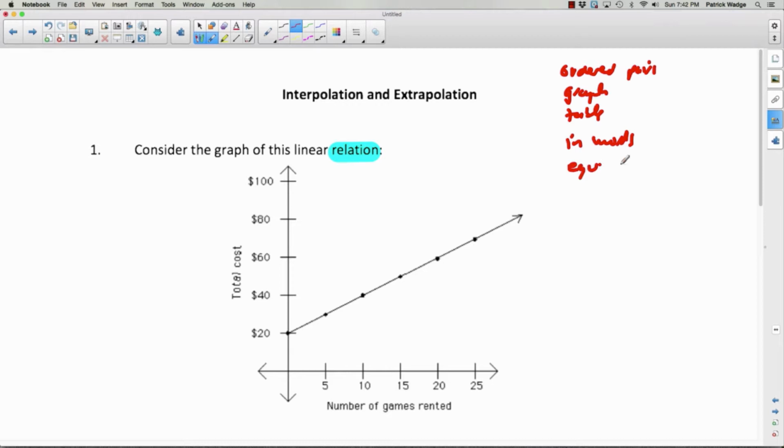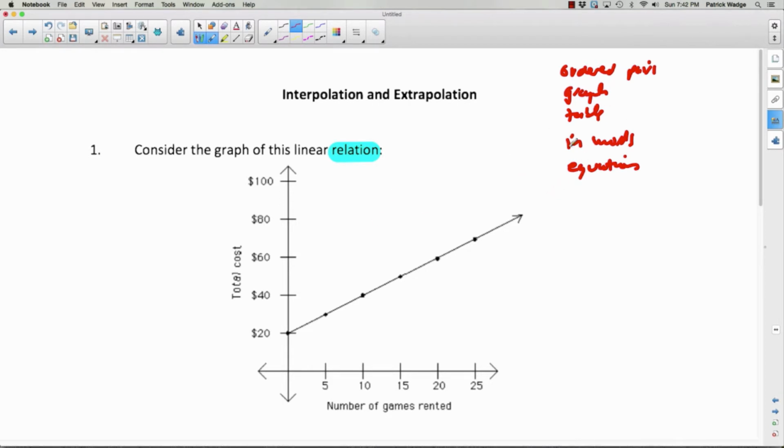And last time I gave you some of these things and you switched them into the other ones. I gave you an equation and you wrote down ordered pairs and graphed it. Or I gave you a table and you wrote down ordered pairs and wrote the equation and graphed it, or whatever. I'm confusing myself. But we interchange between them.